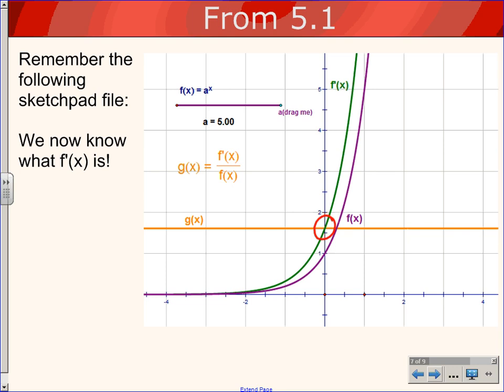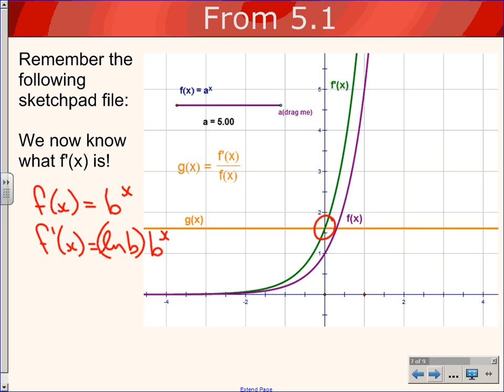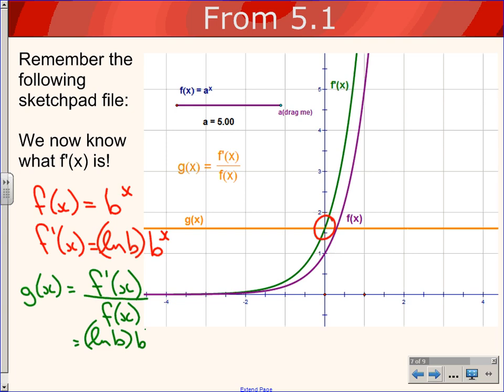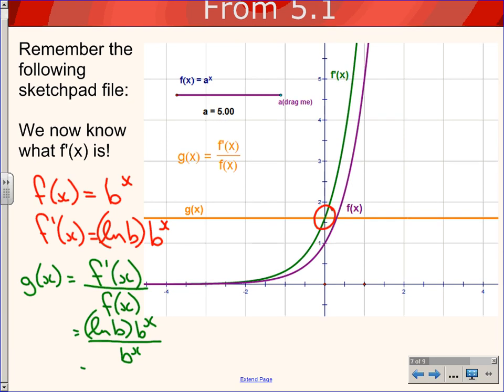Because if our function is b to the x, then our derivative was ln b times b to the x. And so our ratio, we called the ratio g of x, right? g of x was the derivative divided by the original function. Well, that's ln b times b to the x over the original function, b to the x. That's just ln b.